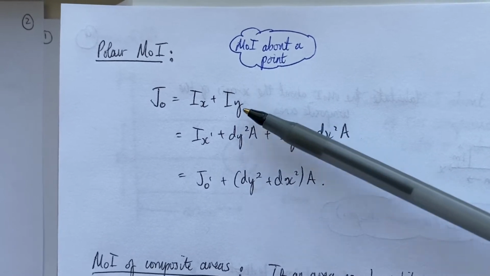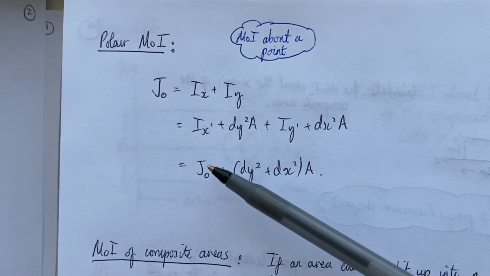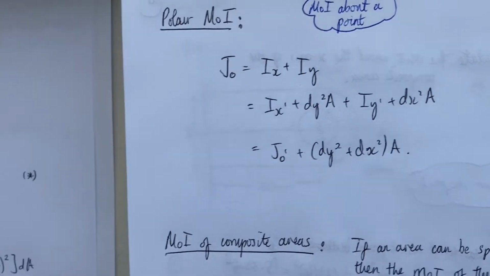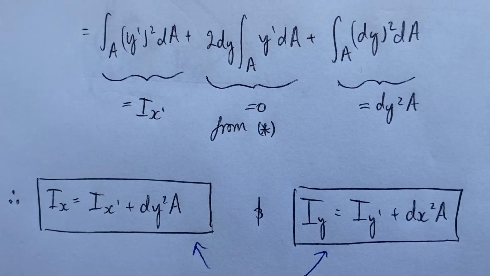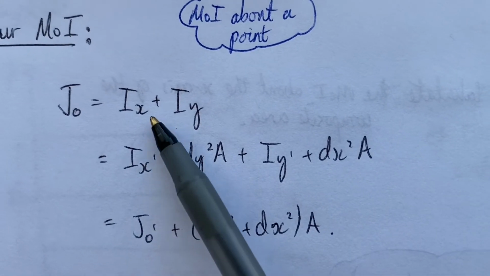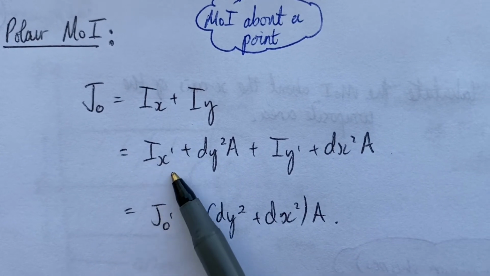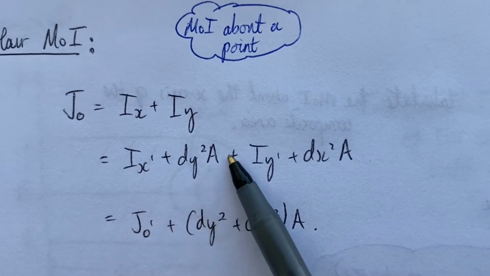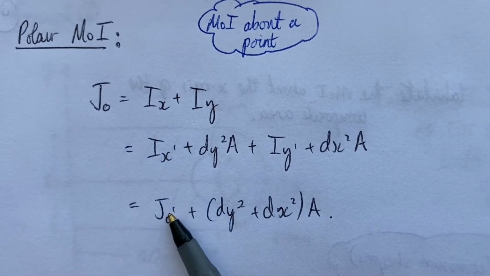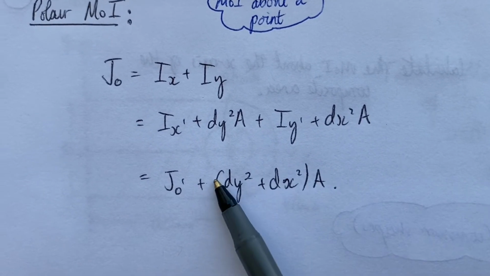Well, following on from what we were discussing about the parallel axis theorems, if we basically replace these two terms with what we got from the parallel axis theorems, so these bits, if we replace those in here, we get the moment of inertia about the original coordinate system plus these terms, and if we tidy it up, we get just the polar moment of inertia about the original coordinate system, right, in terms of x dash and y dash, plus these constants here.